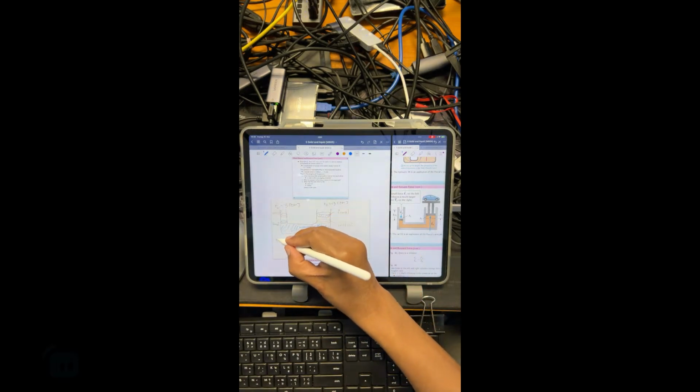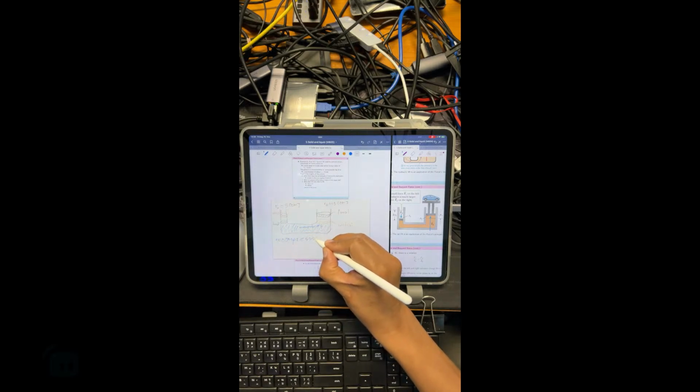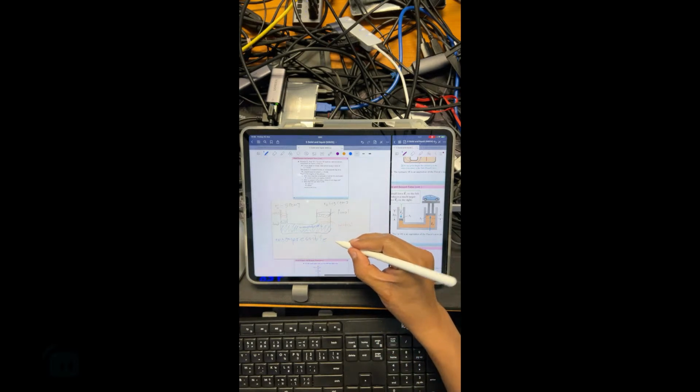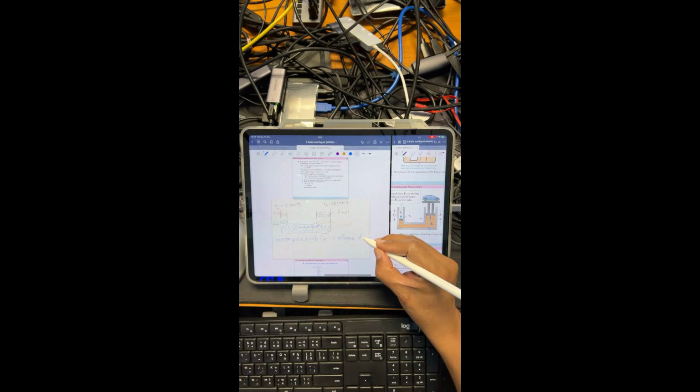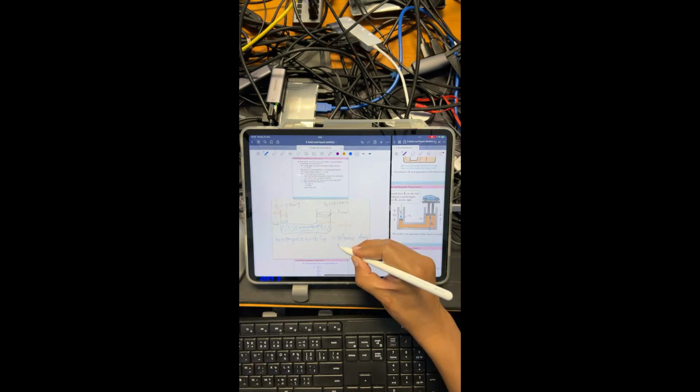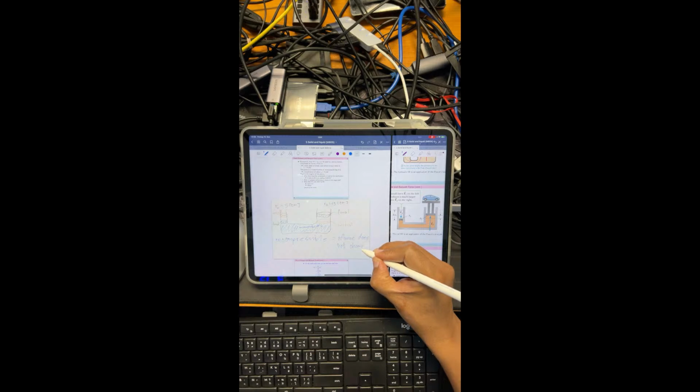Incompressible means its volume doesn't change. Okay, doesn't vary with time with any pressure.